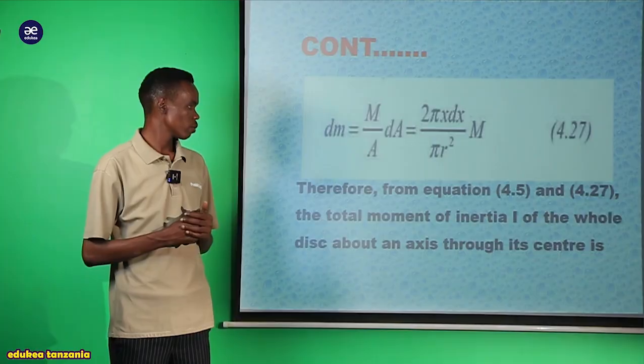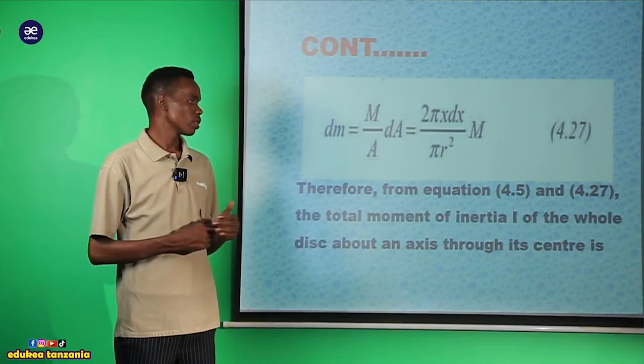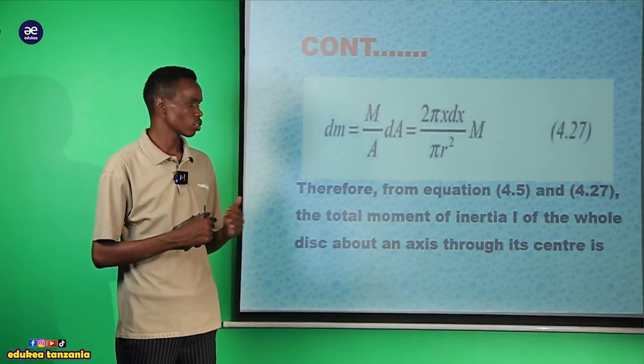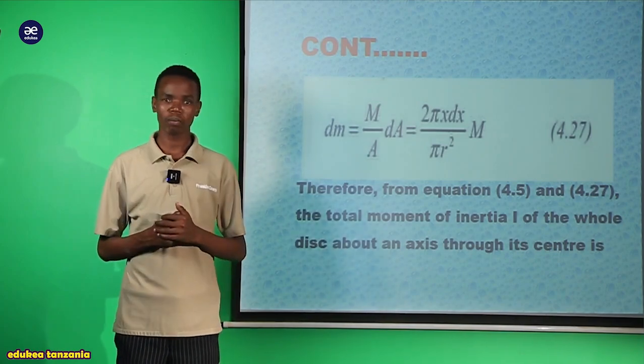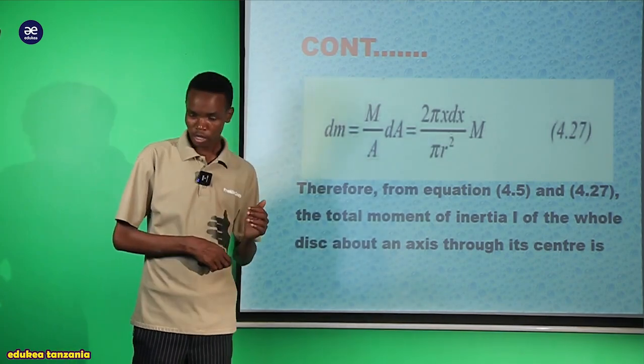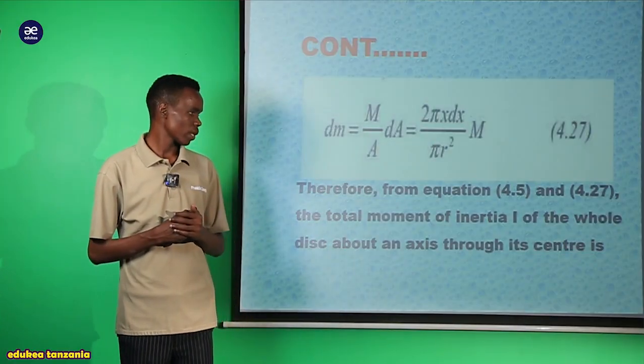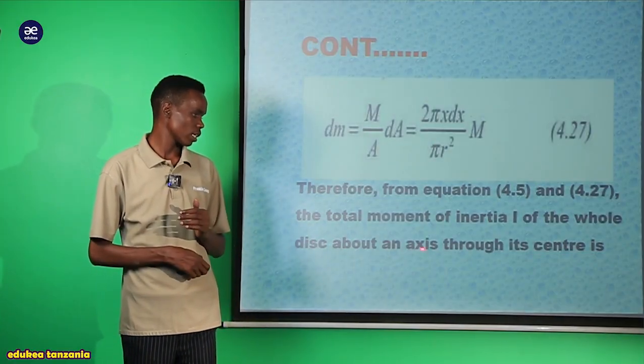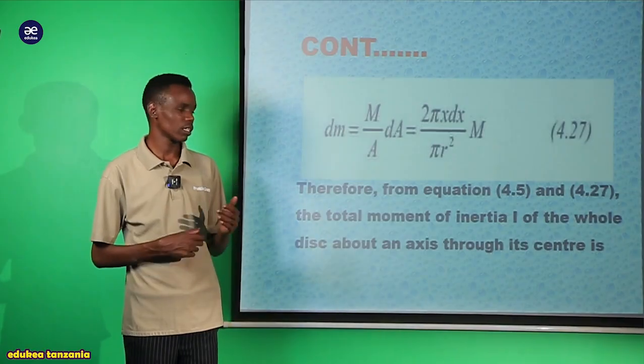So after this one, we should conclude by saying that from equation number 4.5 and also our equation number 4.27, the total moment of inertia I of the whole disk about the axis through its center is given by this one.